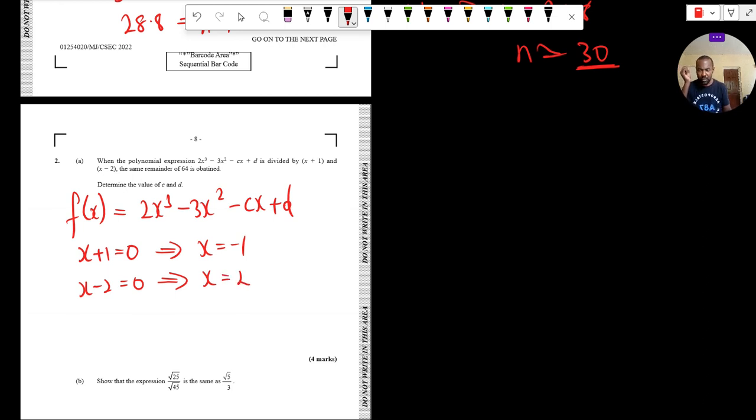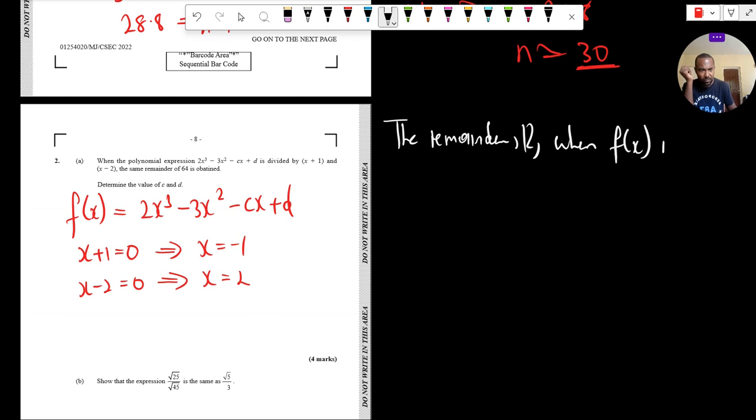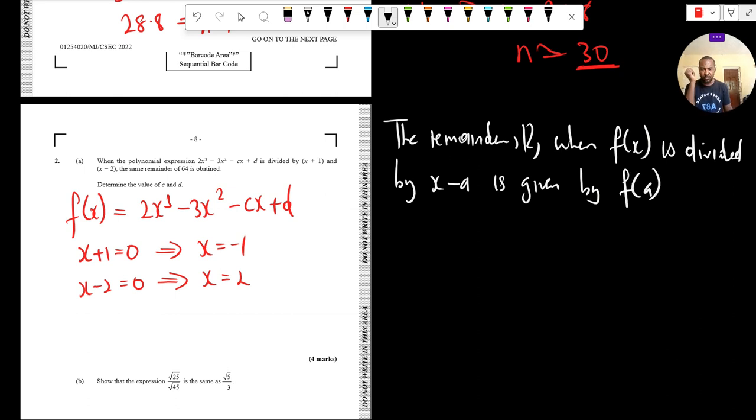Now, according to the remainder theorem, the remainder when f of x is divided by x minus a is given by f of a. Let me write that down. So according to the remainder theorem, the remainder, let's call it R, when a polynomial f of x is divided by x minus a is given by f of a, right?